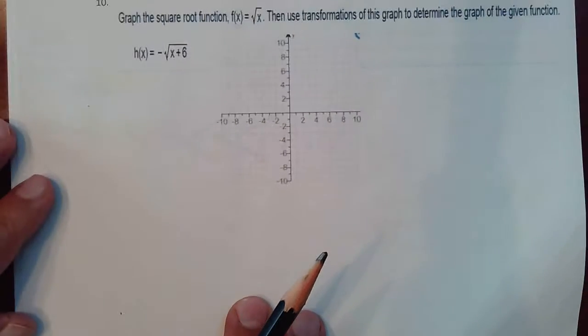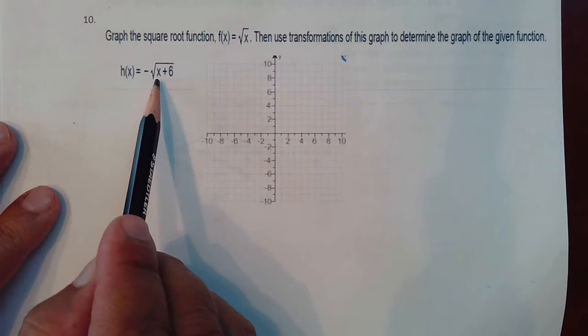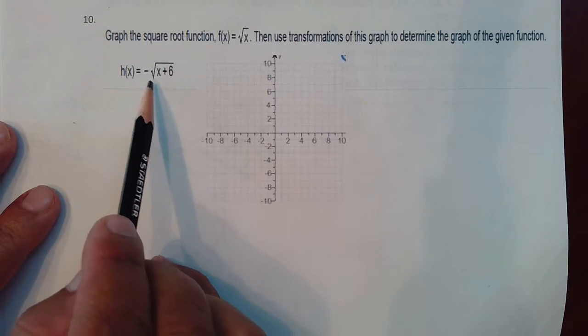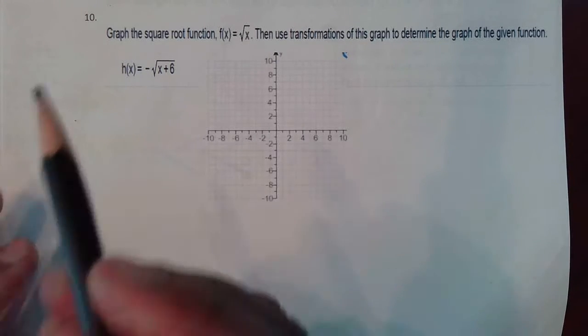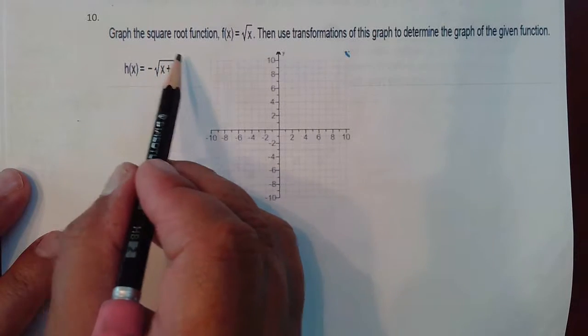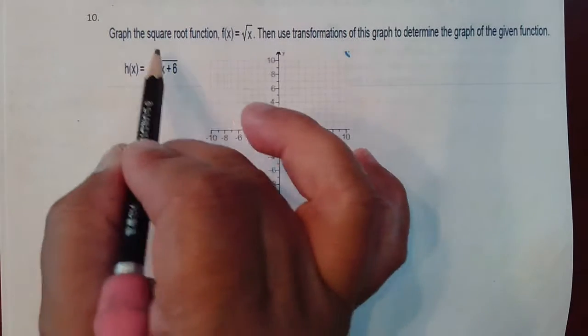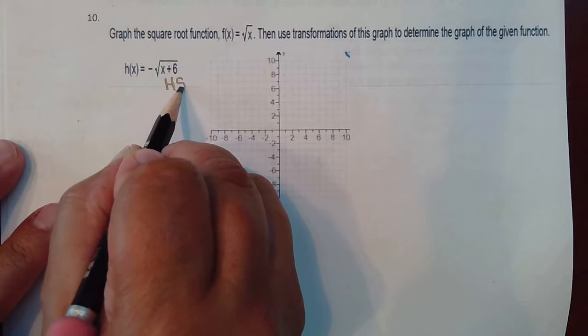Therefore, I used it to perform this action, subtracting 3, but on the y's. But in this one, which is why I put these right next to each other, the number is with the x underneath this symbol that groups them together. It doesn't have to be parentheses that groups your x with a horizontal shift. So anytime there is a number added or subtracted to the x under some kind of grouping symbols, that may be parentheses, it may be a pair of absolute value symbols, it may be a square root symbol, this is known as a horizontal shift.